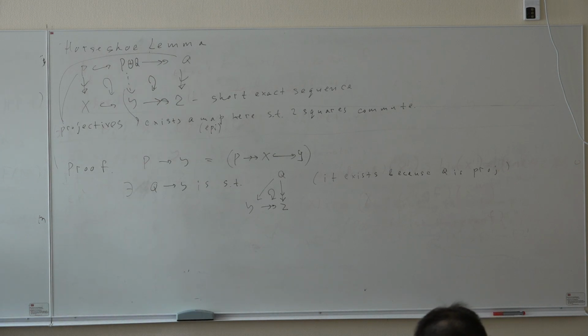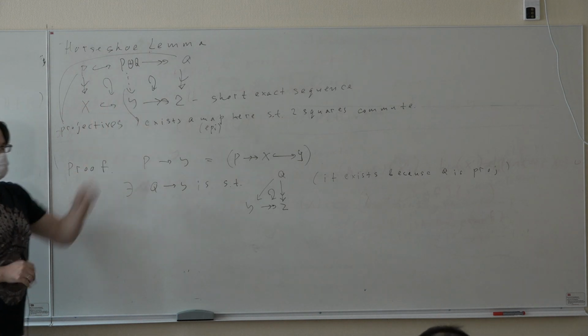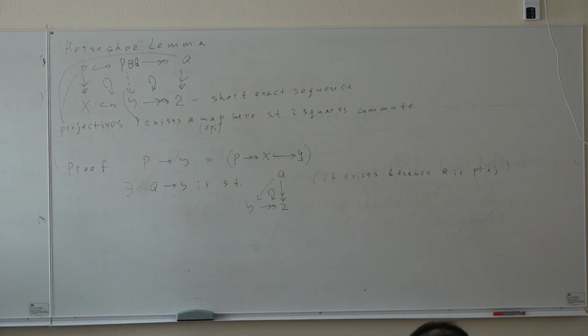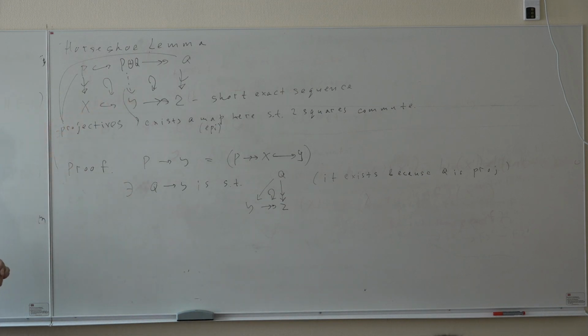And by construction, these two squares commute, of course, and this map is epi by different reasons.